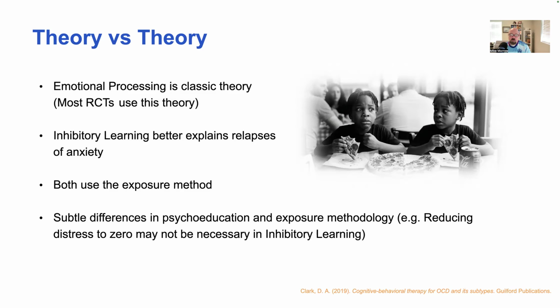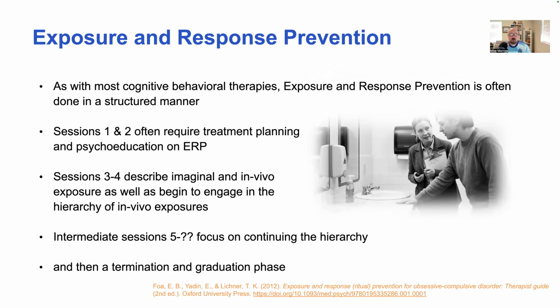So for instance, you may not need to do exposure until the person gets to zero with inhibitory learning. Instead, you may just want to do exposure until the client incorporates the idea that exposure is going to be a part of their life, that they're going to live an exposure and response prevention sort of lifestyle, which we'll talk a little bit about later.